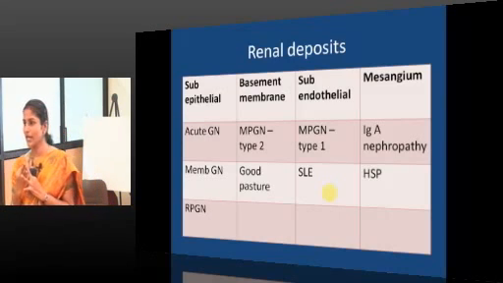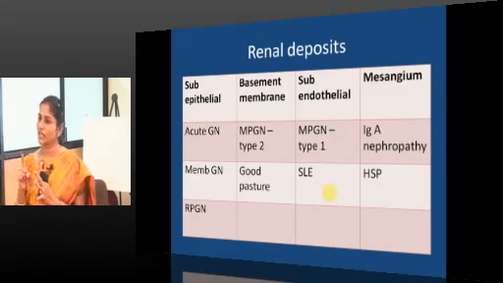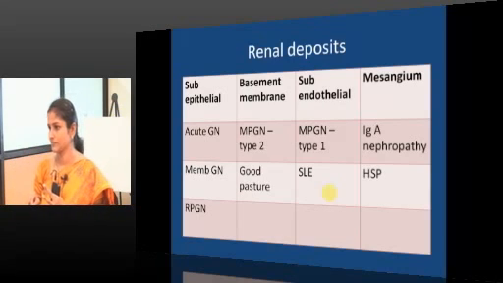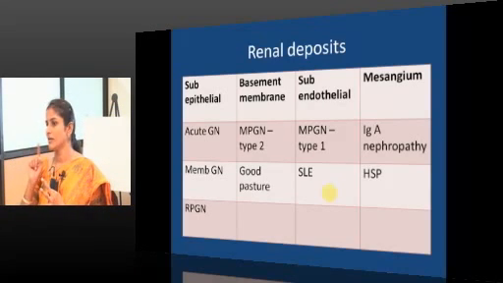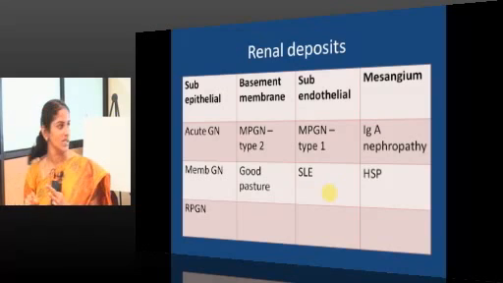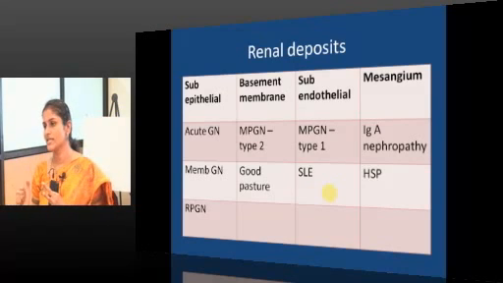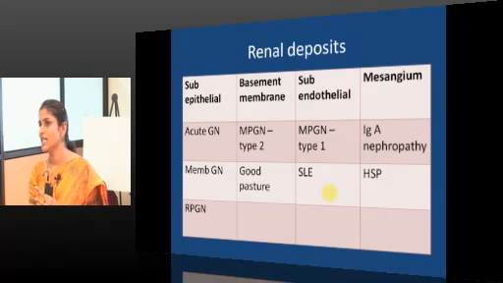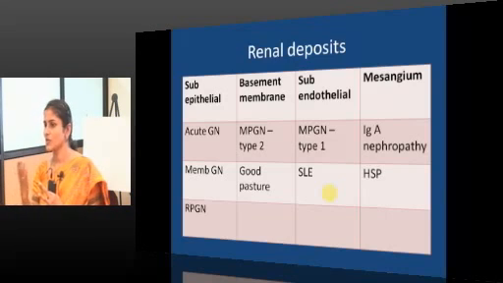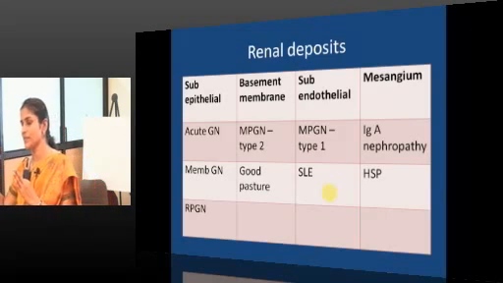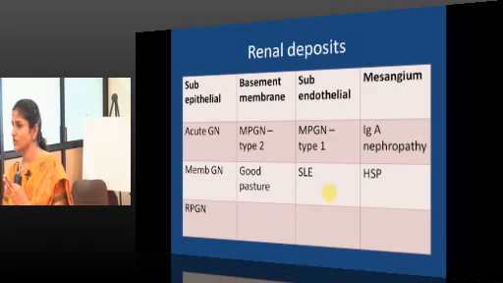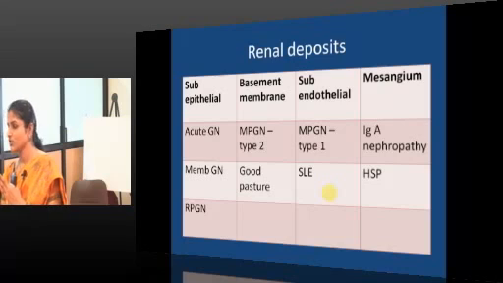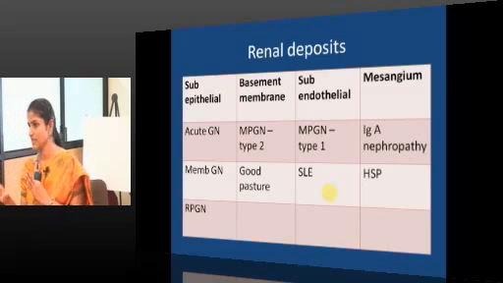Third will be subendothelial, MPGN type 1 and SLE. So, these two will have subendothelial deposits. Fourth will be the mesangium, always IgA, because of its neutral charge, will be trapped in the mesangium. So, IgA and the other end of the IgA spectrum will be Henoch-Schonlein purpura. So, both these will have the mesangium as a preferred site. So, IgA will always be trapped in the mesangium.